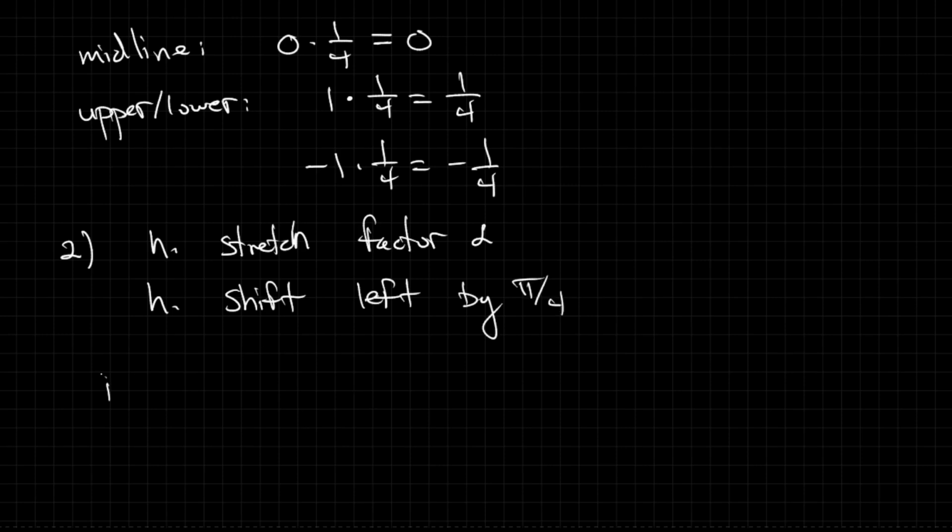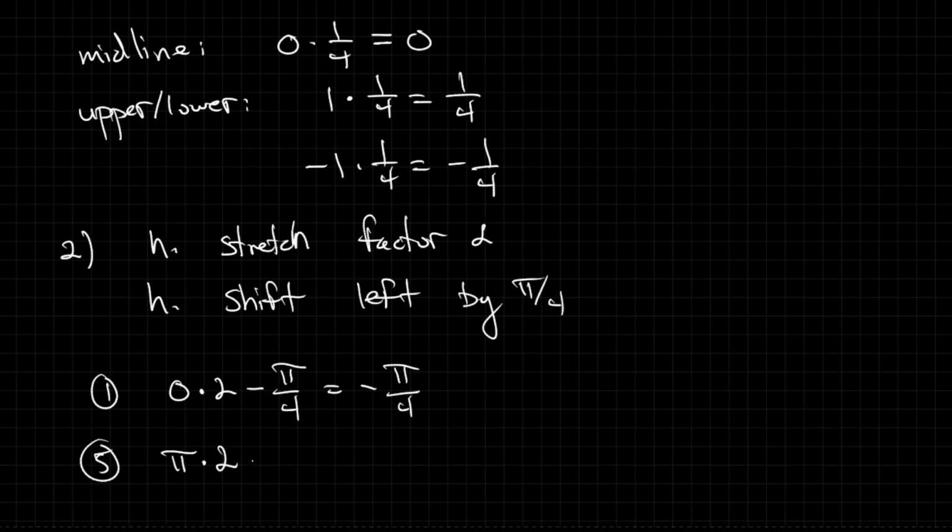And so if we take our first t coordinate, which was 0, and apply these, 0 times 2 minus pi over 4 gives us negative pi over 4. And then we'll take our rightmost t coordinate, where the right asymptote is, at t equals pi. We'll apply our transformations. Pi times 2 minus pi over 4.